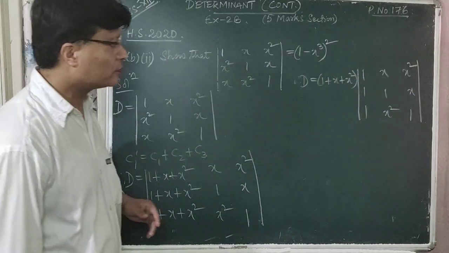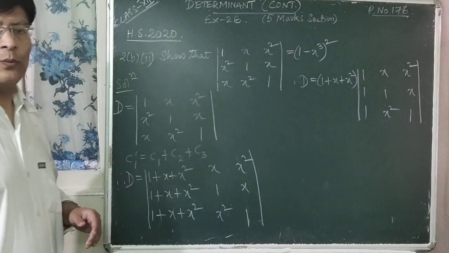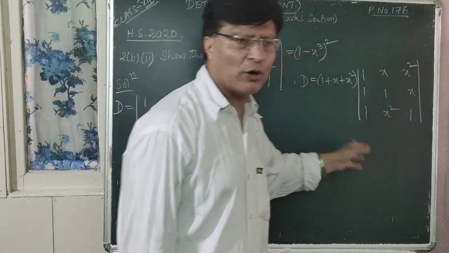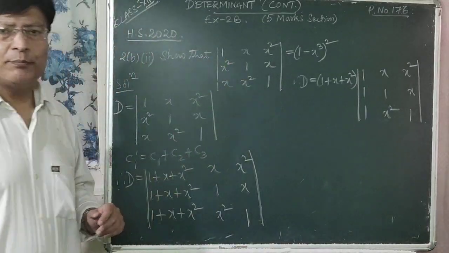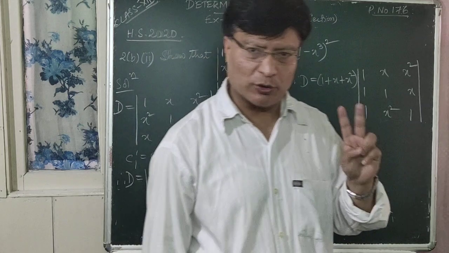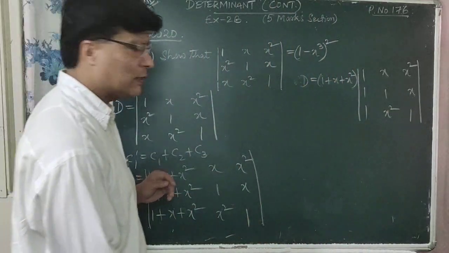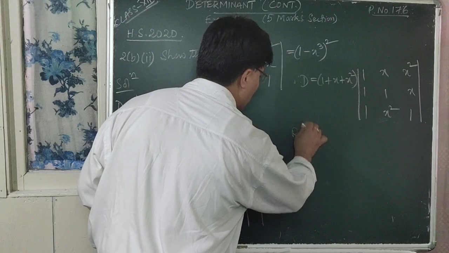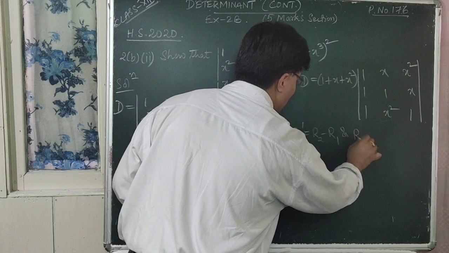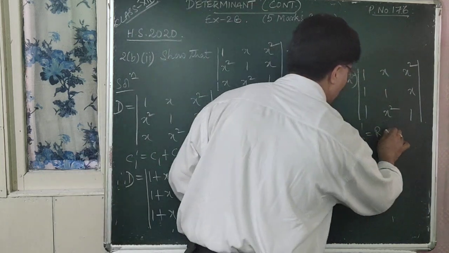Okay. Now what will you do? What will you do now next? Because there are 3 ones in the first column, you can make any 2 of these ones 0 using the property of determinant, right? So let's do r2 dash is equal to r2 minus r1 and r3 dash is equal to r3 minus r2.